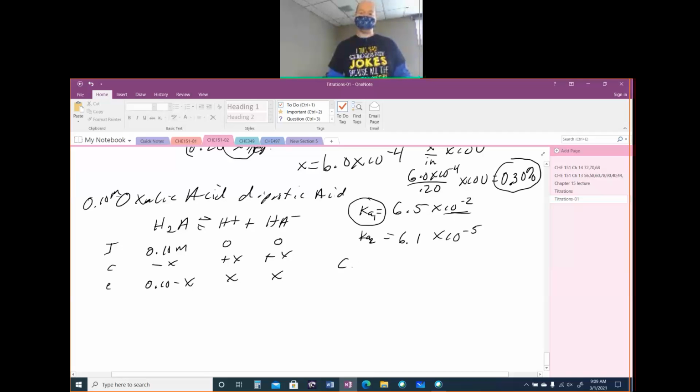So you have to take your Ca over your Ka1. We're doing the first reaction. When you take your 0.10, you have to see if this is greater than 1,000. It will not be. Divided by 6.5 times 10 to the minus 2, that gives you 1.5, nowhere close to 1,000.